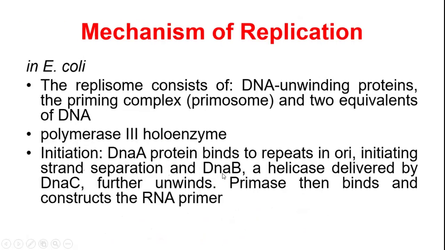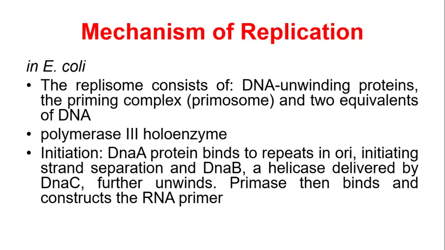Now, in E. coli, the replication consists of DNA unwinding proteins, the priming complex, which is actually called the primosome, and then two equivalents of DNA polymerase 3, that's the holoenzyme, which is very important.